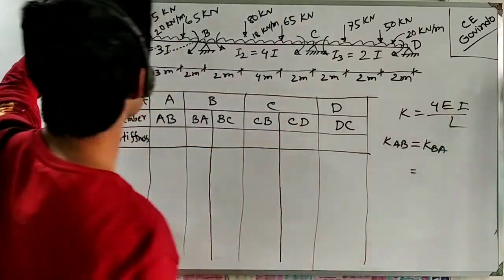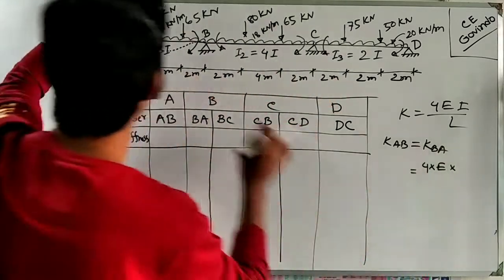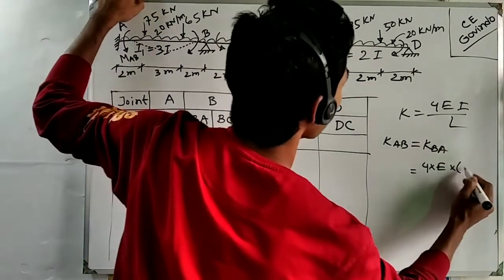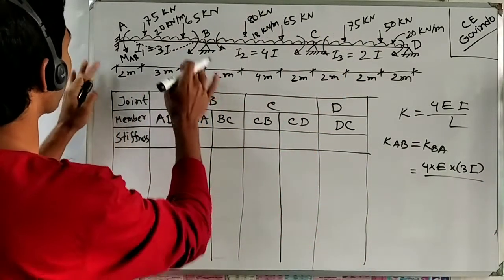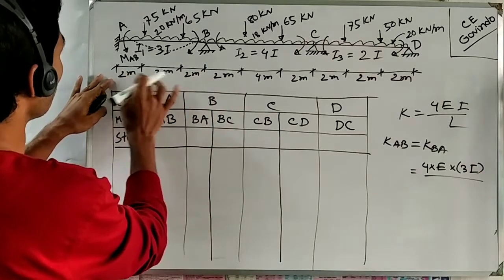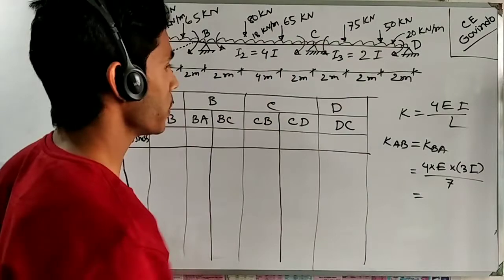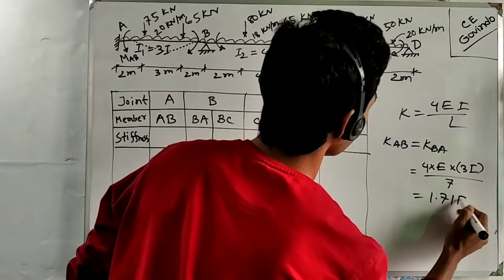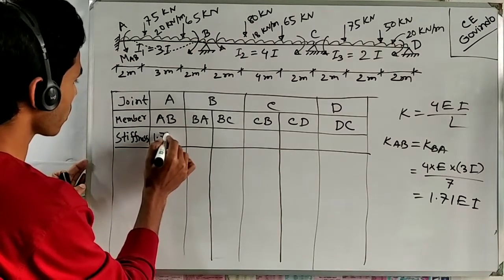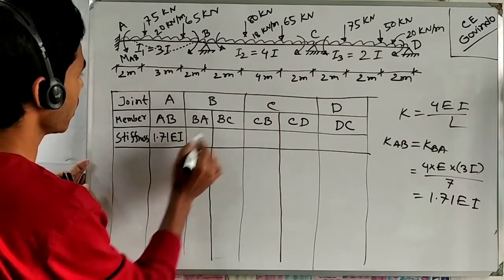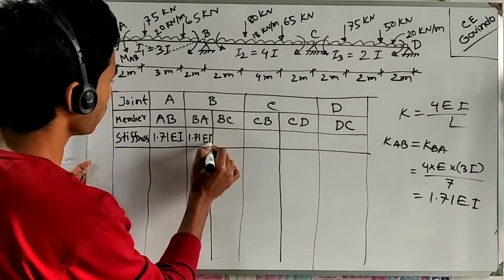Now putting in the values, 4EI, here I equals 3I, by L. The span length of this span is 2 plus 3, 5, plus 2, 7. From here we get 1.71 EI. So we can write here 1.71 EI. Similarly, BA is also 1.71 EI.